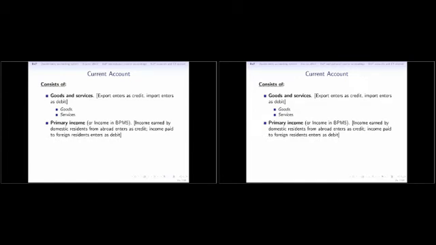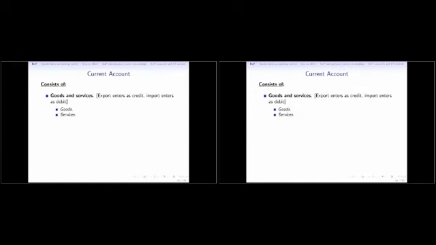The second category is called primary income. Sorry, I should explain the rules again. According to the IMF, export will enter as credit and import as debit. That is a fundamental rule you have to keep in mind.